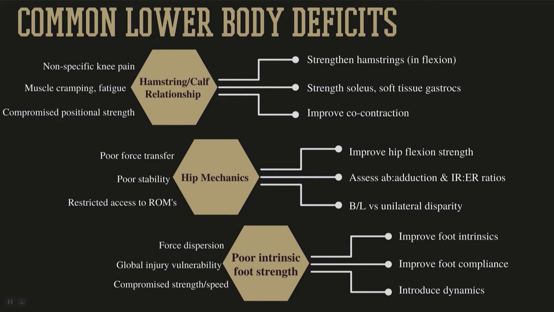Assessing abduction and adduction are going to be critical, and then of course also our internal and external rotation ratios. I am never going to be the coach who's going to have a goniometer out on the floor looking at micro degrees of something like internal external rotation movements, but we can have just a very good subjective feel and idea of where each side is.